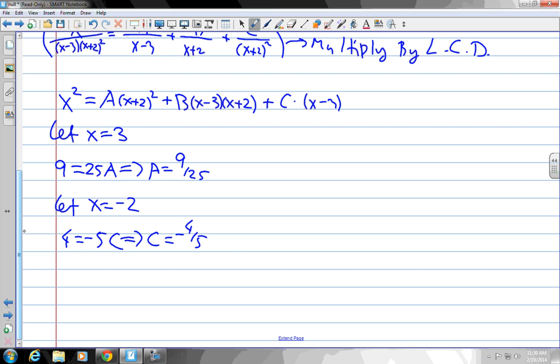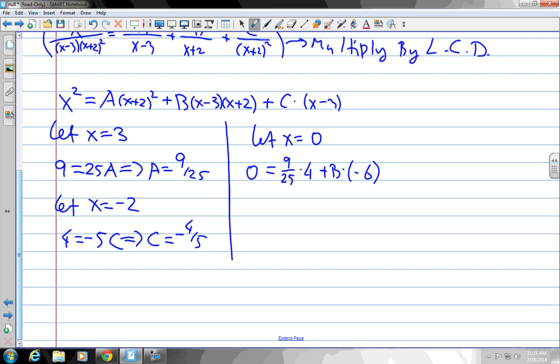0. Let's do that. Let x equal 0. So that might get a little messy. But, what do we end up with? It is 0 equals, a is 9/25, so it's 9/25 times, when you plug 0, it's just 2 squared, so that's 4. Plus b times, you plug 0, you get -6.